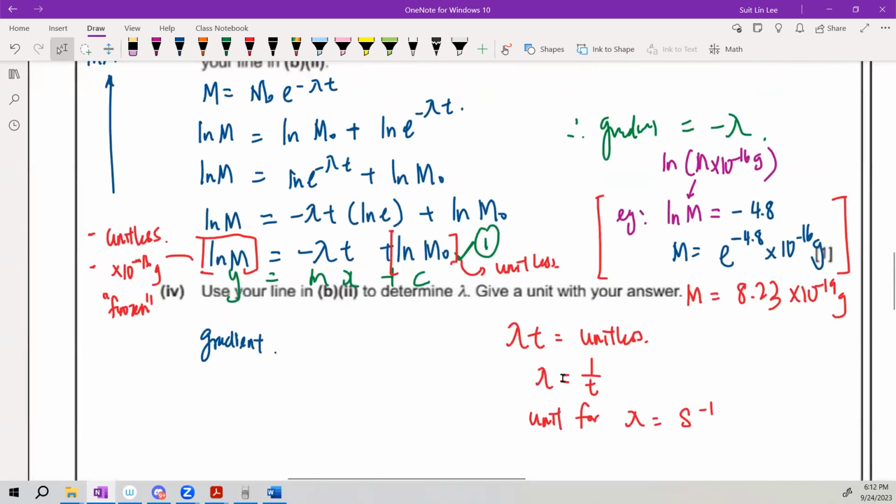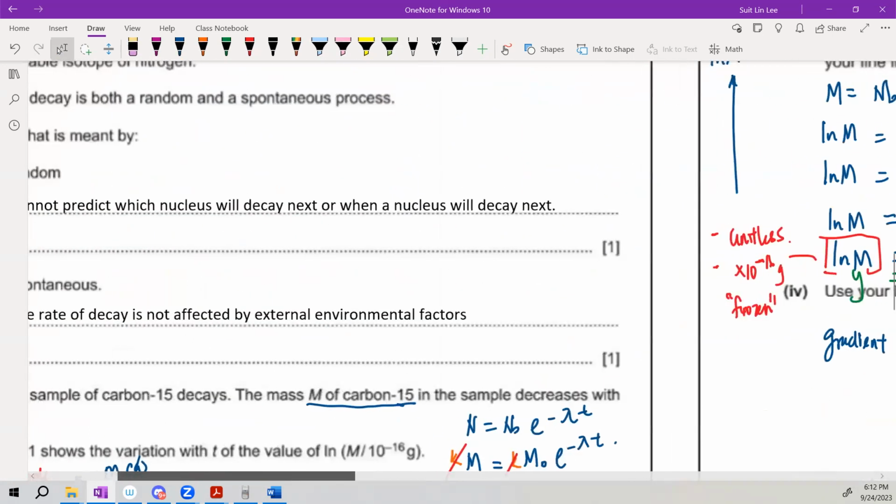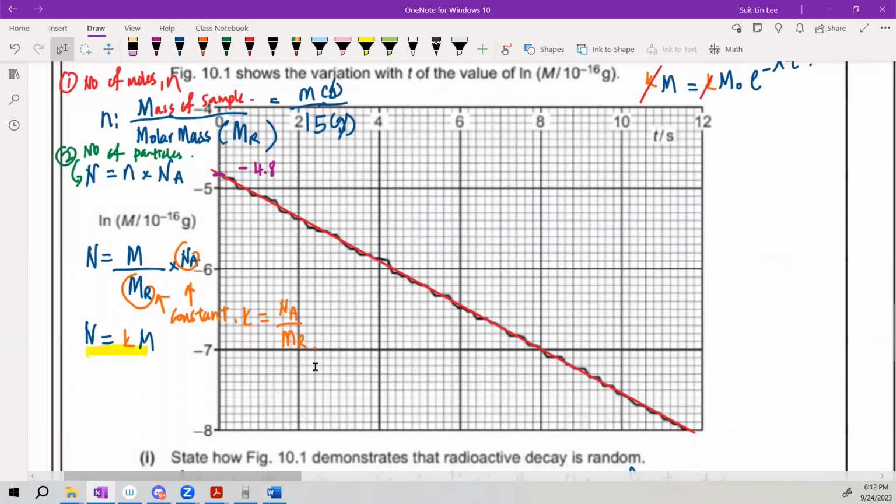Let me know if you have any follow-up questions while I find the gradient for you. If you don't have any, please let me know so I can move on. Anyway, I'm going to take this point, negative 4.80.